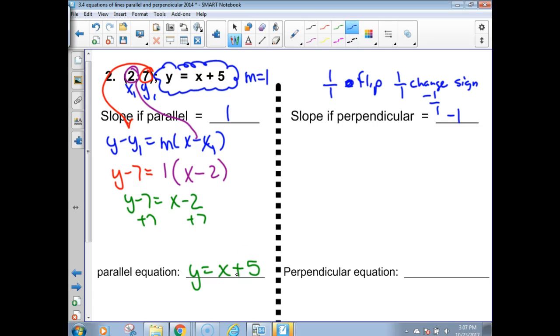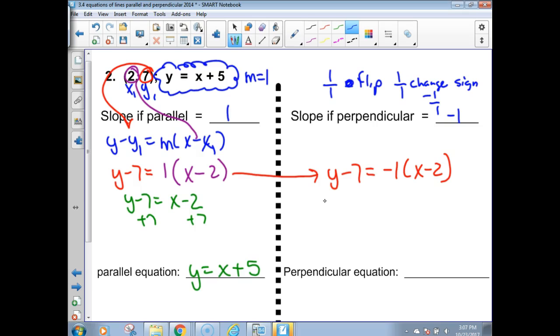All right, so we got x plus 5 here. Let's go ahead now. Look, I wanted to shorten things up here. I'm not going to rewrite this again. I'm just going to take this guy right here and change what? Change the 1 to a -1. Okay?